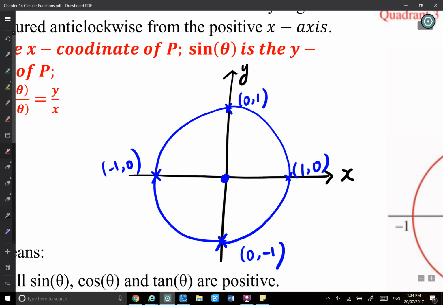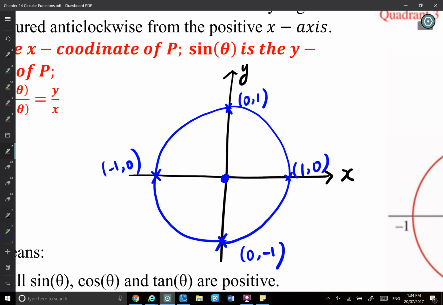And what are sine, cosine, and tangent? The next thing we need to know is how to represent angles in the Cartesian plane. For example, I want you to sketch an angle of 150 degrees. How do you sketch that?